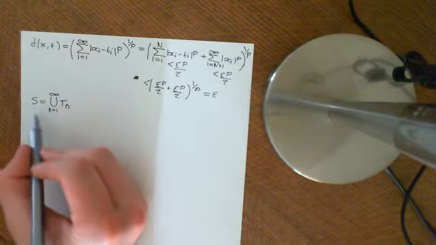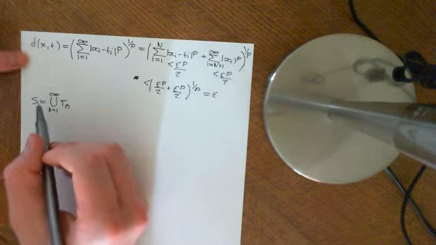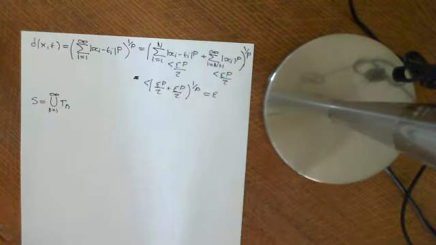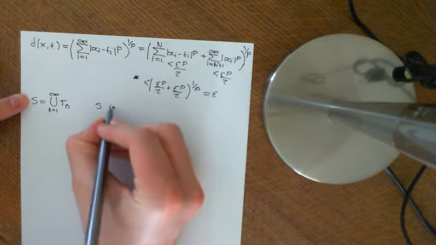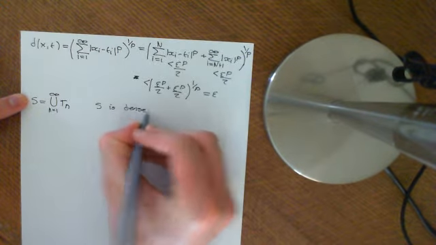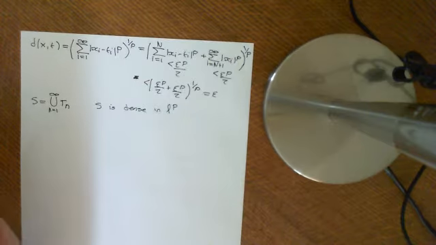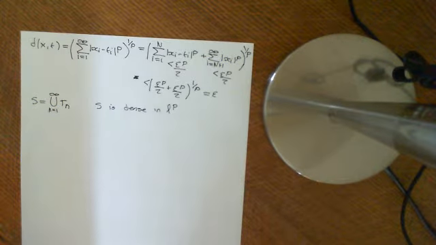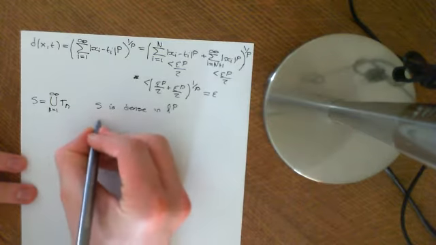So whatever big N you get, it will correspond to one of the Tn's in this set S. So the sequence will be in S. So basically, that's the proof that this set S is dense in LP. Okay. And since S is also countable, that implies that LP is separable.